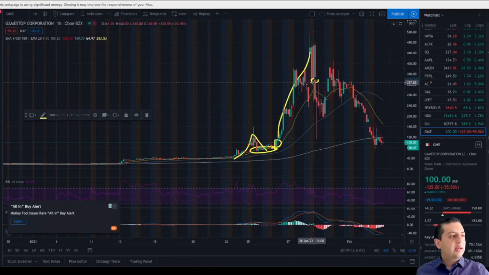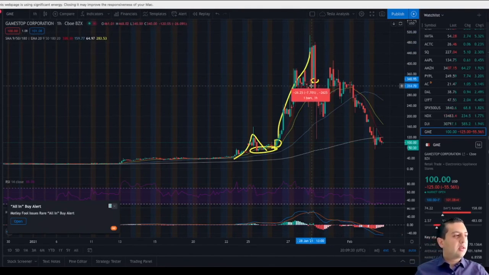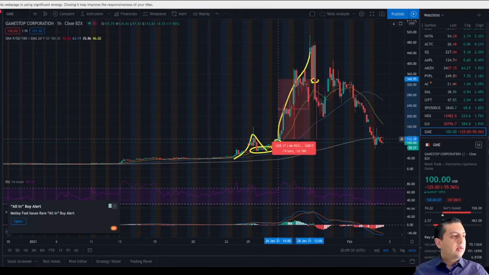In this one, since it was such a huge volatility, we're talking almost 50% in this one, if we were trying to get up at the top, which is not always possible, but if we have traded this one, we would have made somewhere between 60 to 80% on this trade.